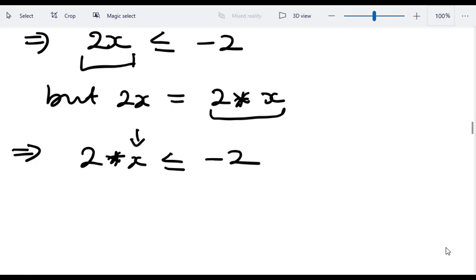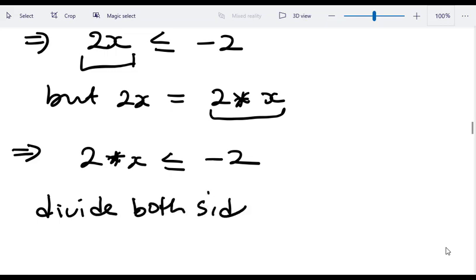Our interest is to get x, not 2 times x. So the remedy for that is to divide both sides. We must divide both sides by 2.